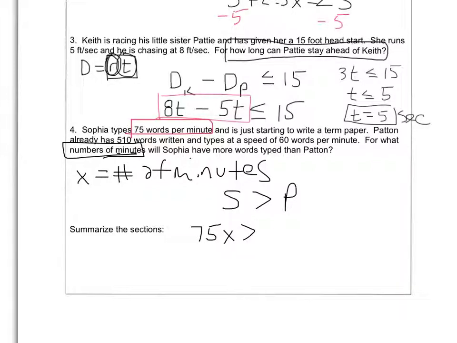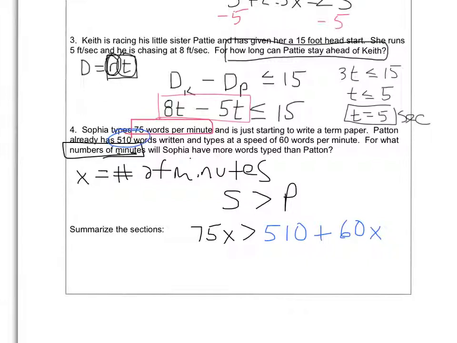So if we look at Patton's, we see Patton has 510 already typed plus 60 words per minute. So there's our setup, and we want to know for what number of minutes she will have more words typed.